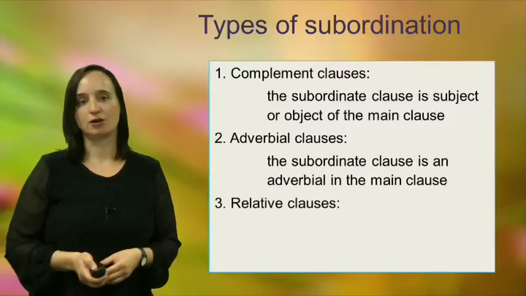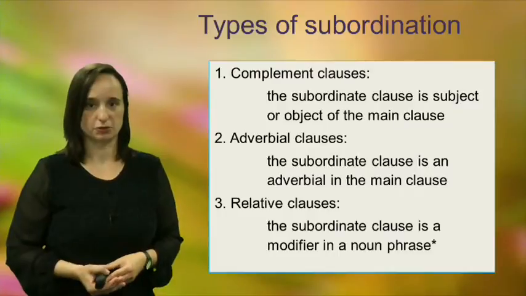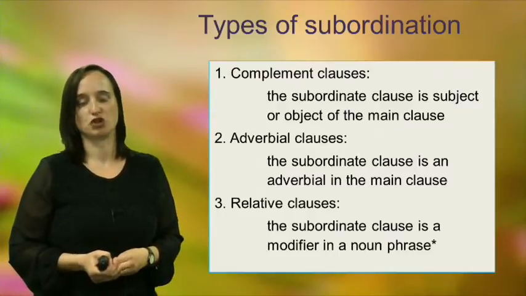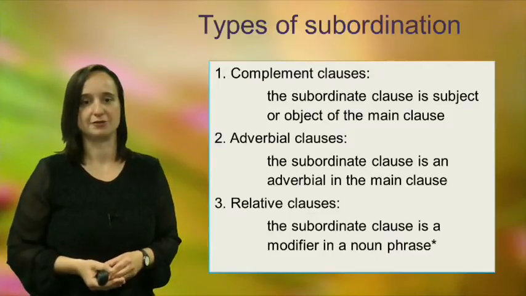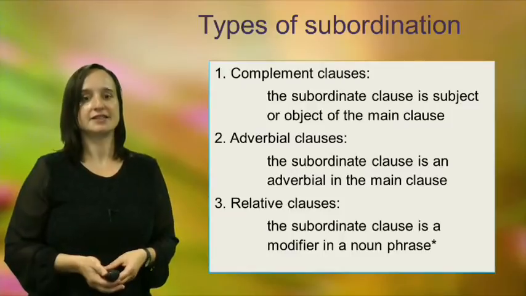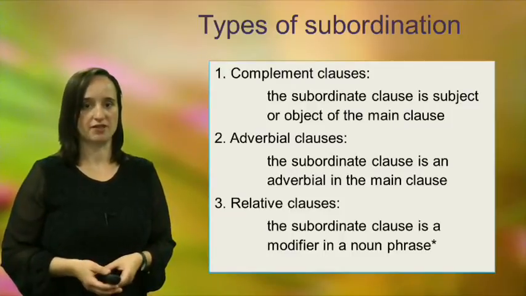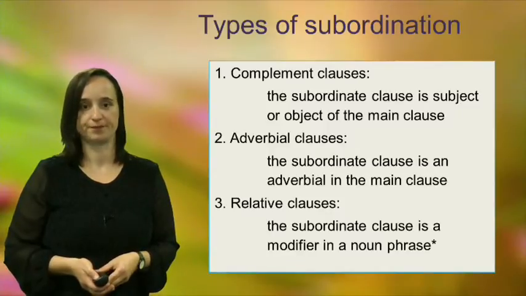And finally, relative clauses are subordinate clauses that act as the modifier in a noun phrase, telling us a little bit more about the head noun. There's a little bit more to this, and that's why I put a little star there, but this is just a very simple introduction, so this will be enough for now.